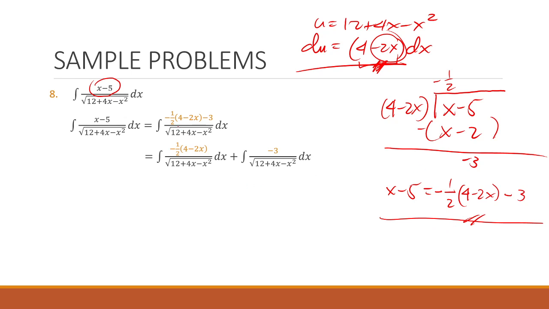Okay, so if you're not convinced, pwede natin siya i-simplify. So negative 1/2 distribute, that would be negative 1/2 times 4, so negative 2. And then negative 1/2 times negative 2x, so plus x, and then minus 3. Okay, so negative 2 plus negative 3, so that's negative 5, so x minus 5.